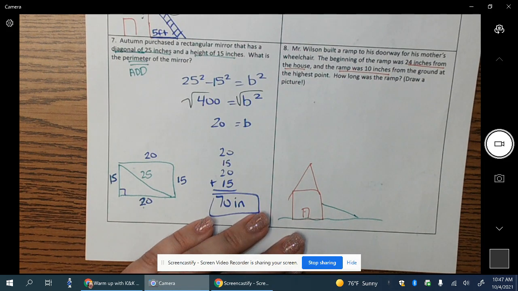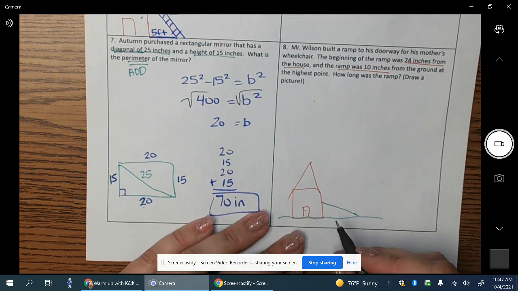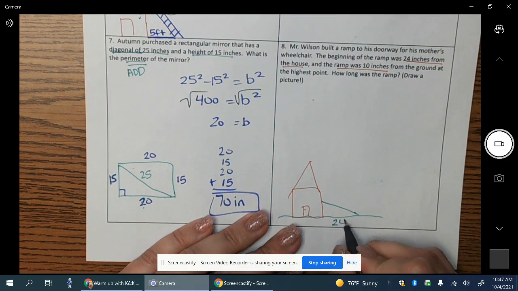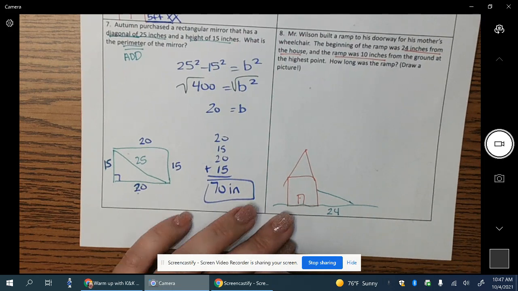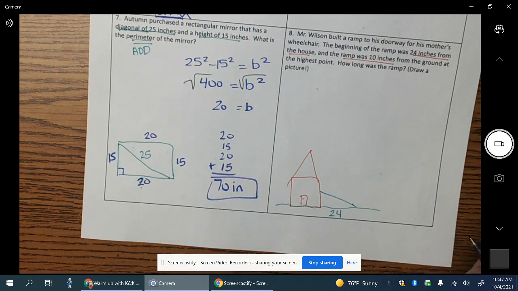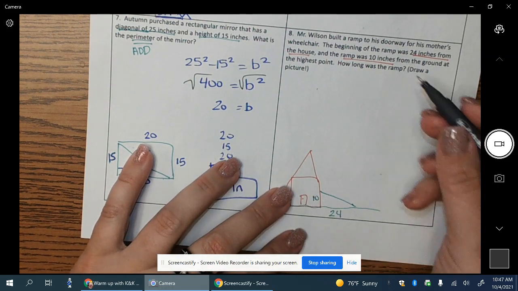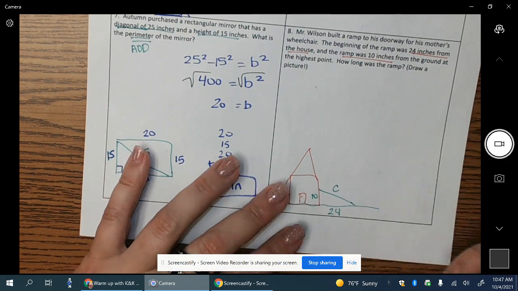It says the ramp is 24 inches from the house. So that's the bottom leg. Okay? It says the ramp is 10 inches from the ground. So is that the hypotenuse or is that the leg? Leg. It's the other leg. The question says how long is the ramp? So I don't know the ramp.